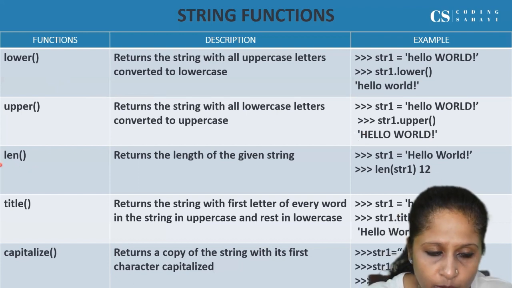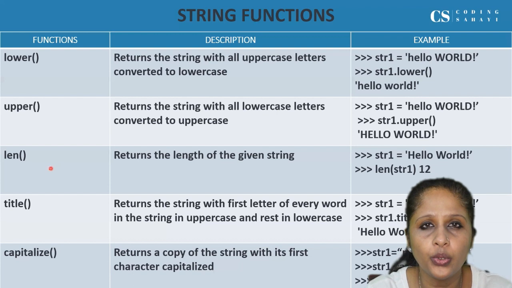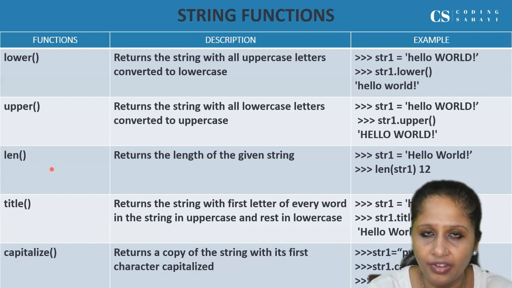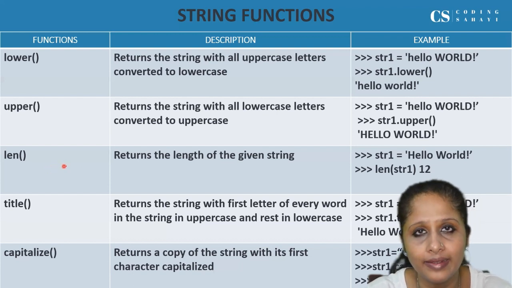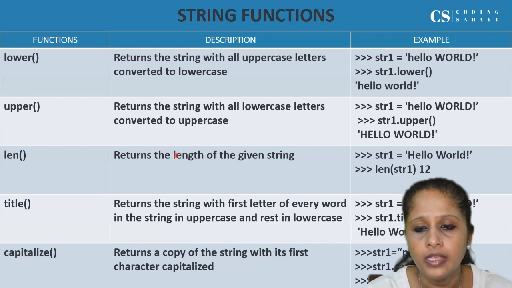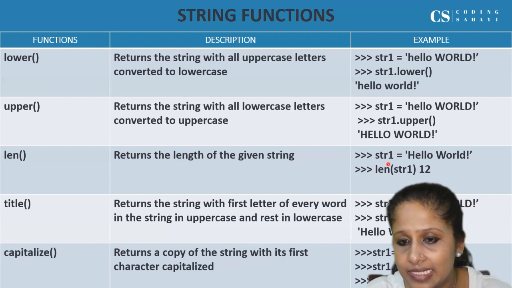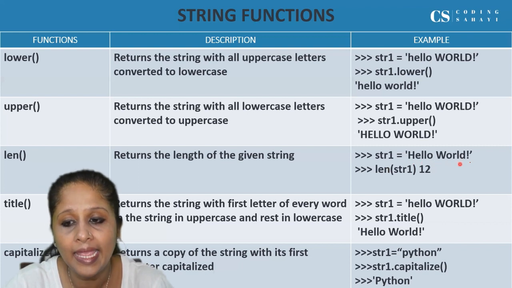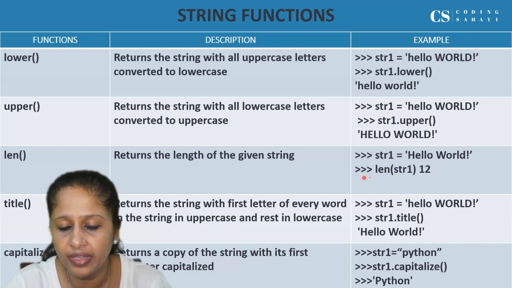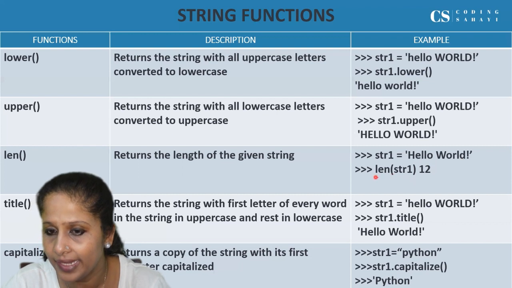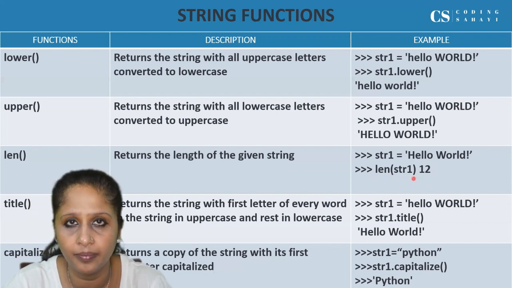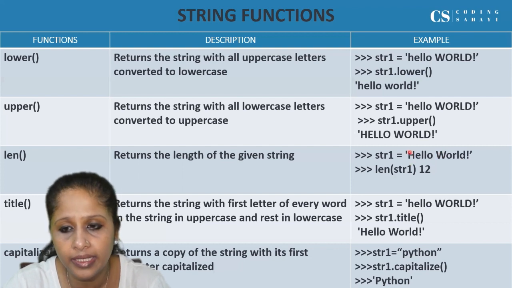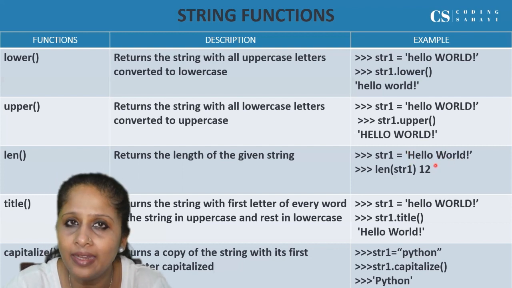Our next function is len, which returns the length of a string. That means how many characters there are in a string. For example, str1 is equal to hello world. The number of characters in hello world will be returned when you execute len(str1). Or you can write len of hello world directly, only you have to give hello world in quotes.